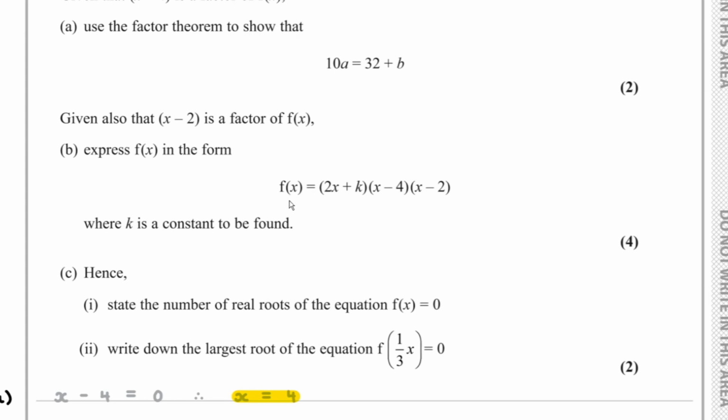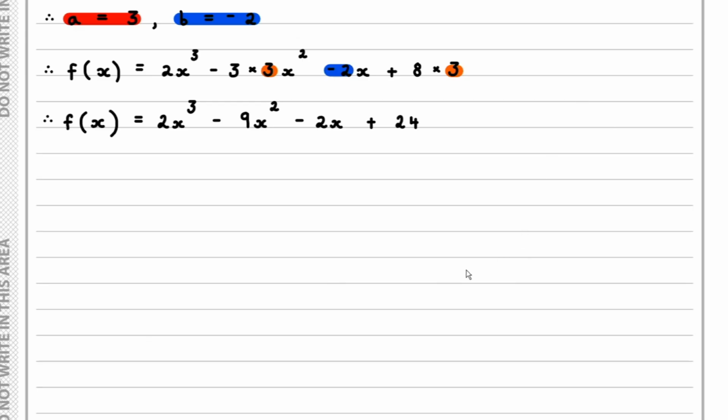We also know f of x can be expressed in this form here. So f of x is also equal to 2x plus k multiplied by x subtract 4 multiplied by x subtract 2. To find out what k is, we can compare the number terms.